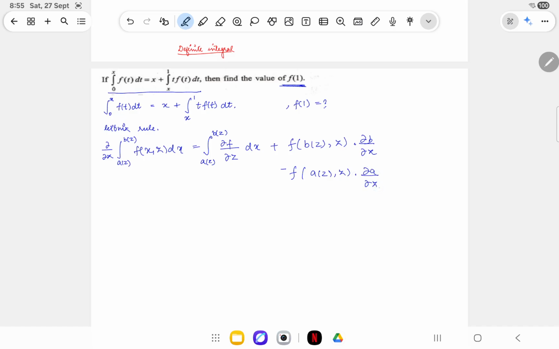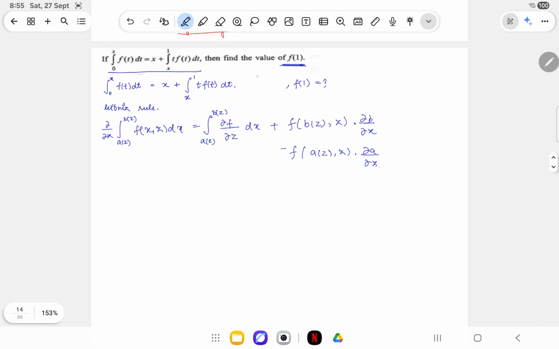So this is the Leibniz rule, and we'll be using it in the given relation about the function f.